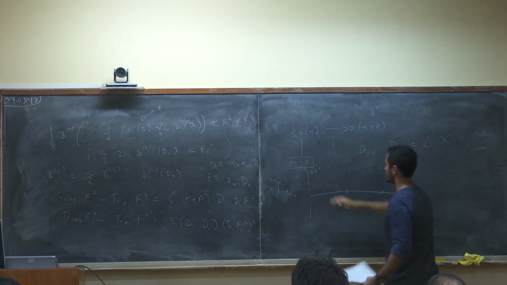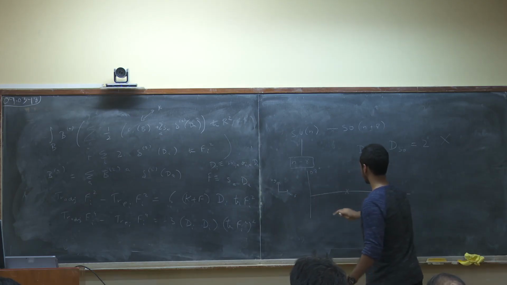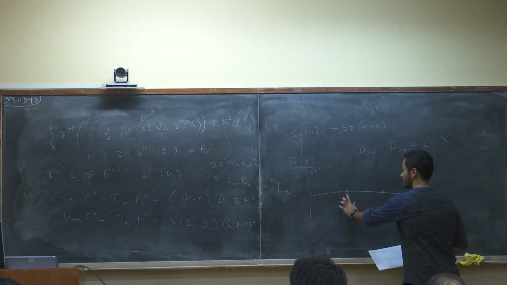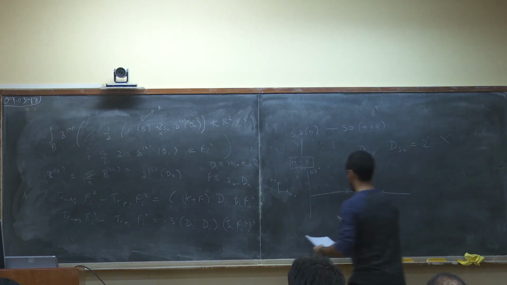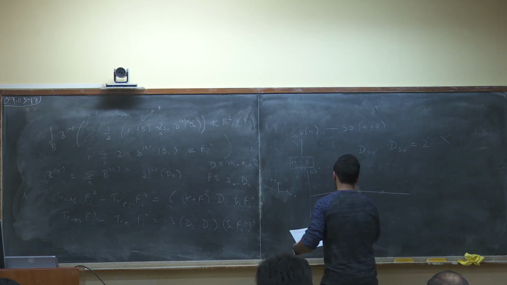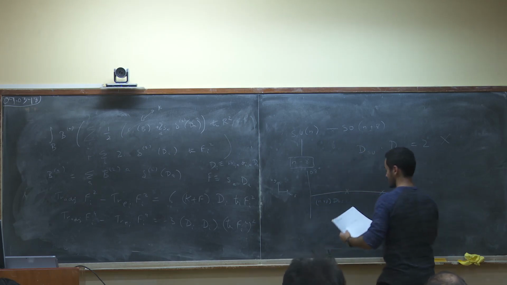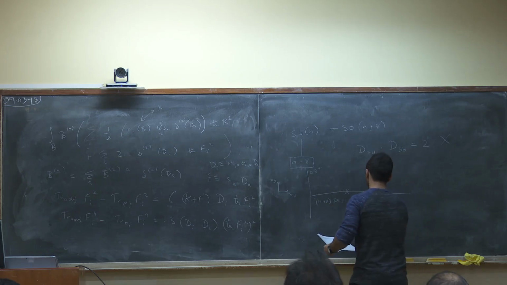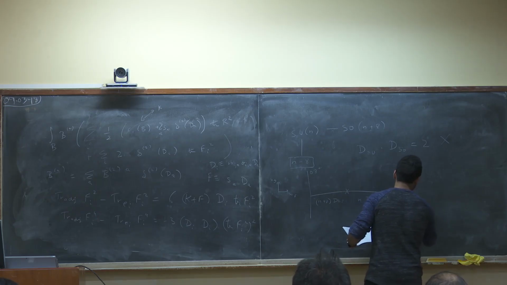The introduction of O8 plus means that the RR charge conservation across NS5 branes is modified, because now you're in massive type 2A theory. And so the number of D6 branes jumps by 8 across each of the NS5s. So if you start with n plus 8, you have n here, and then you have n minus 8 here.